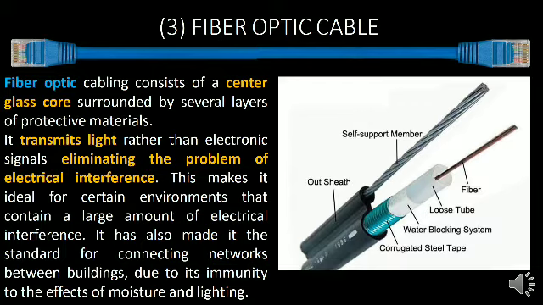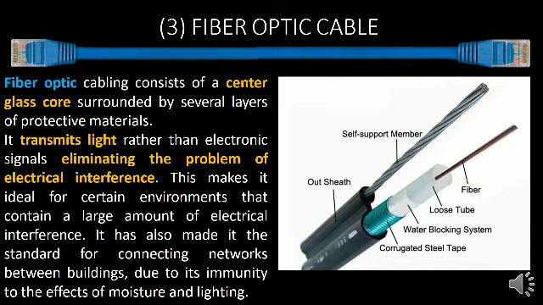Third, fiber optic cable. Fiber optic cabling consists of a center glass core surrounded by several layers of protective materials. It transmits light rather than electronic signals, eliminating the problem of electrical interference. This makes it ideal for certain environments that contain a large amount of electrical interference.